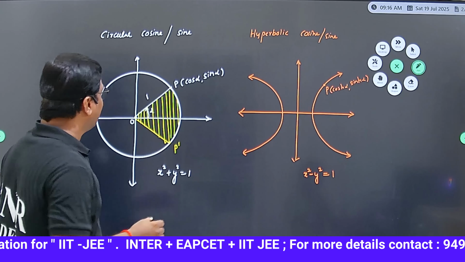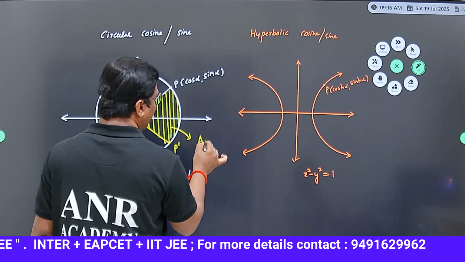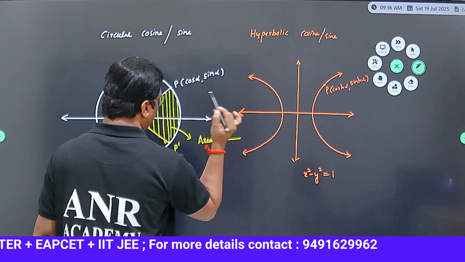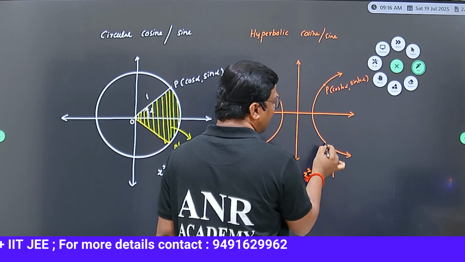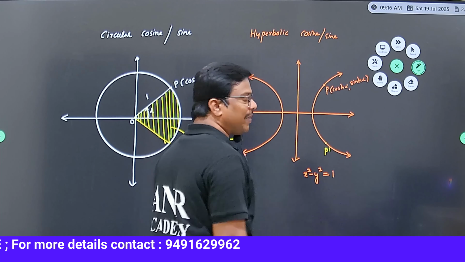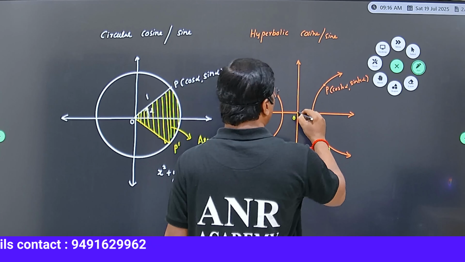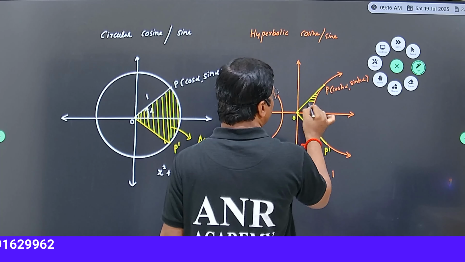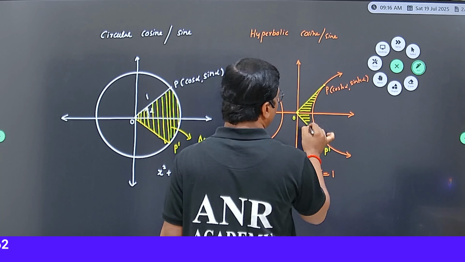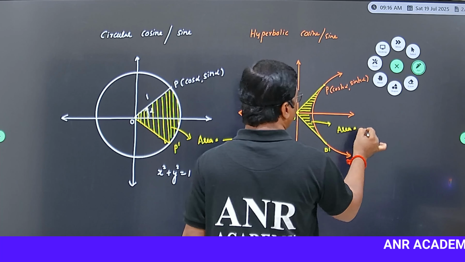This is a sector, and observe the area of the sector. Also, I am going to select image of P about x-axis and join OP, OP dash. Now observe the shaded portion. Let us discuss the area of that shaded portion.